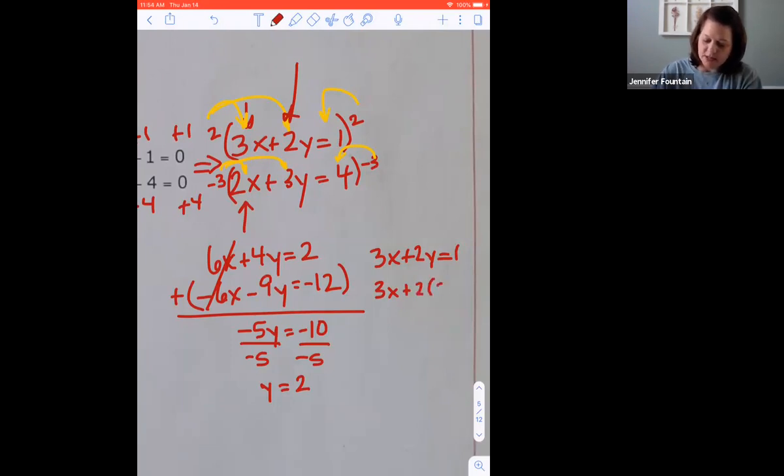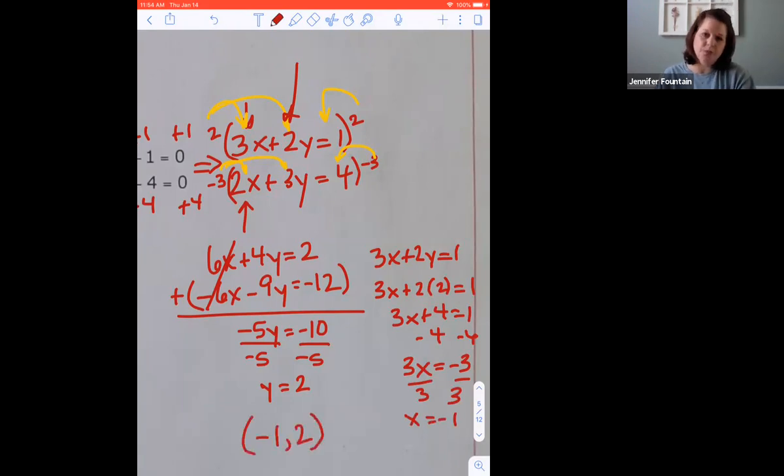I'm going to plug in 2 for y equals 1. So I've got 3x plus 4 equals 1, minus 4, minus 4. 3x is equal to negative 3, divide by 3, divide by 3, and x is equal to negative 1. So my ordered pair solution is negative 1, 2.